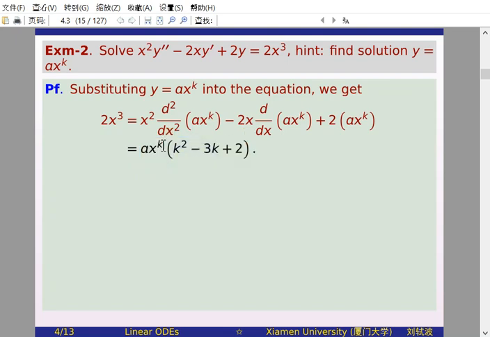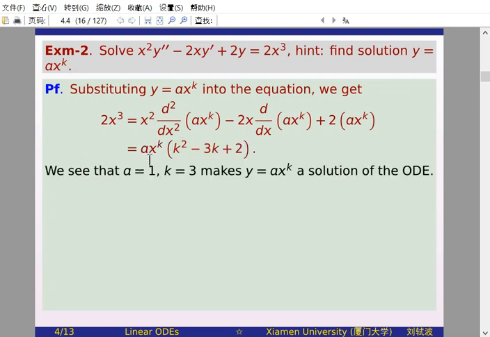For this equality to be true, k must be 3, because on the right hand side the power of x is 3. Therefore, on the left hand side the power of x, that is k, must also be 3. When k equals 3, you can compute k squared minus 3k plus 2. This is 2. So k equal to 3, a equal to 1 makes this equality true.